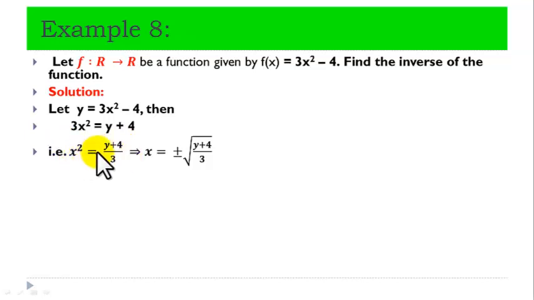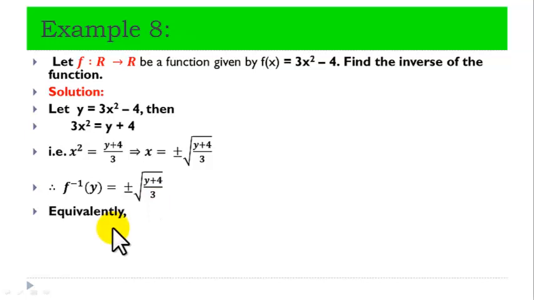And taking the square root of both sides, that gives us x equals plus or minus the square root of (y plus 4) all over 3. Therefore, f inverse of y is equal to plus or minus the square root of (y plus 4) all over 3.